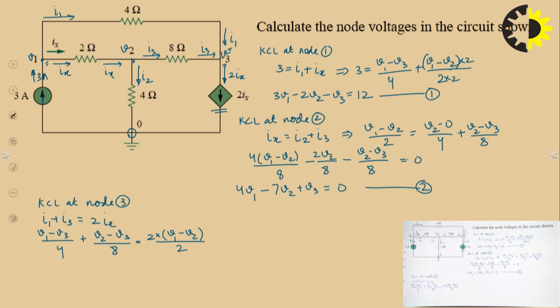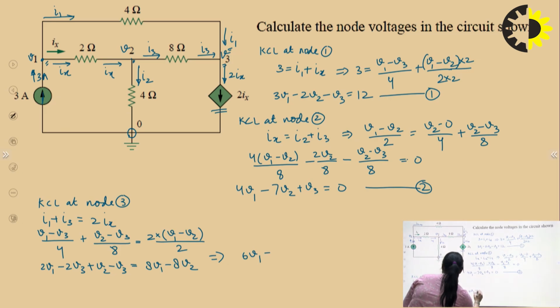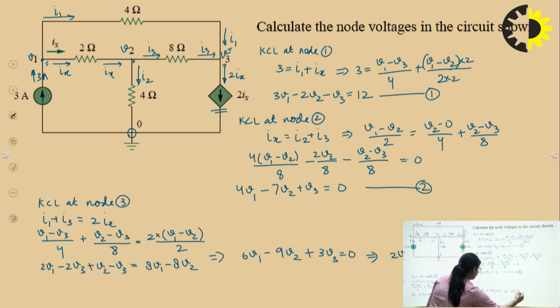Now rearrange this equation. We will get 2V1 minus 2V3 plus V2 minus V3 is equal to 8V1 minus 8V2, which is 6V1 minus 9V2 plus 3V3 is equal to 0, or it can be written as 2V1 minus 3V2 plus V3 is equal to 0.